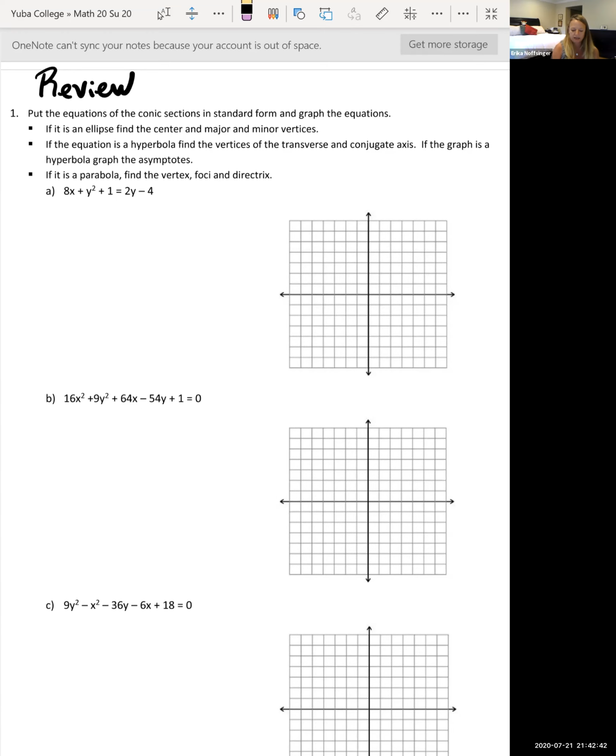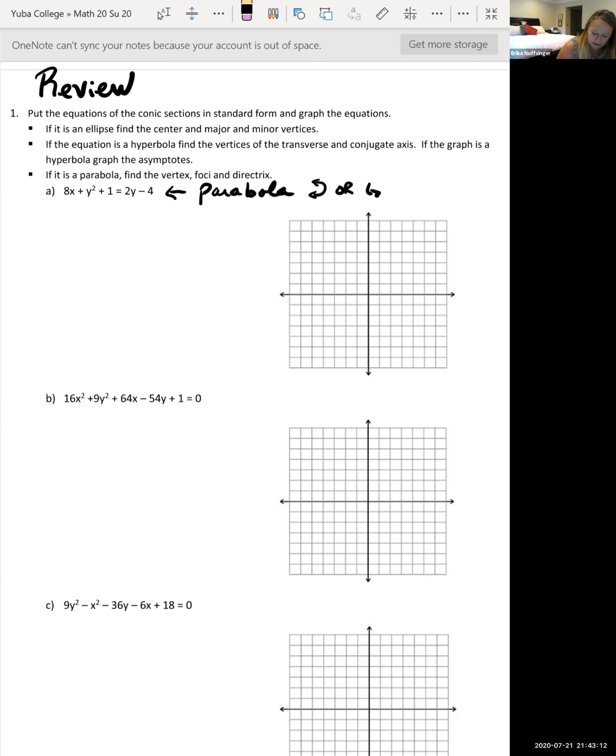So looking at the following equation, 8x plus y squared plus 1 equals 2y minus 4. Just looking at this, I can tell that this is going to be a parabola, and it's either facing left or facing right.